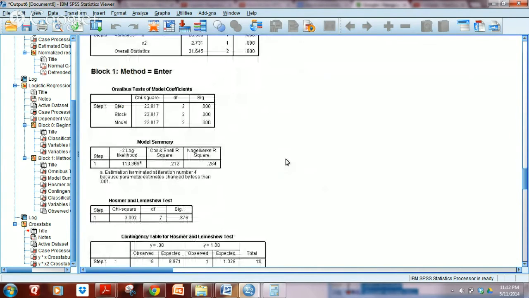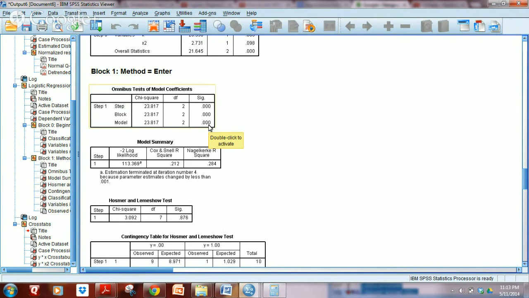So this is including our predictors now into the model. So we want to see if there's any statistical significance in the model with the chi-square. So when we're looking at our omnibus test of model coefficients, we're really looking at this right here.